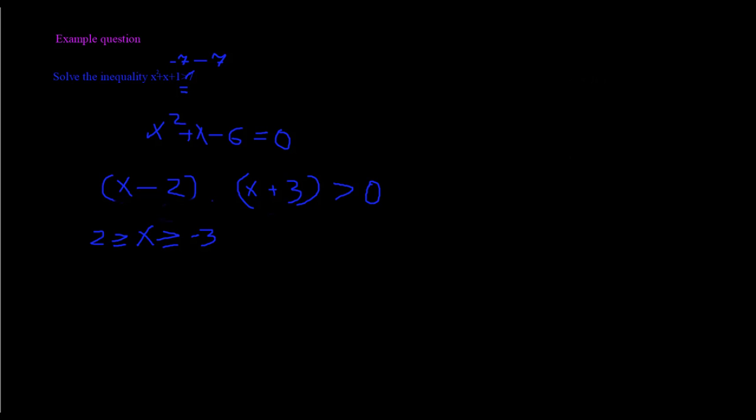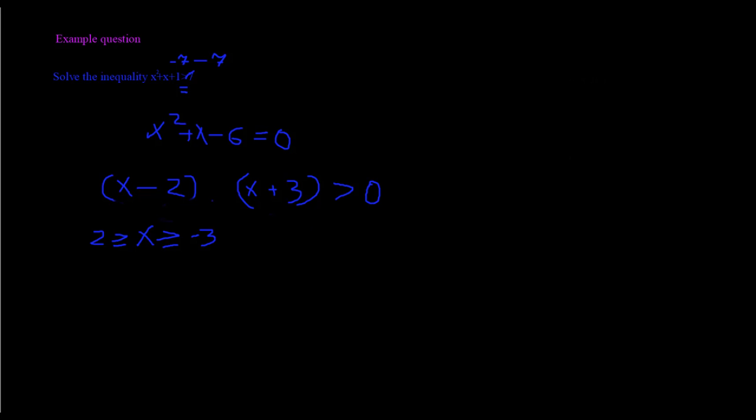Now, why it shouldn't be above -3, it's because in any condition that x is below 0 but above -3, the left side will still remain as a negative number, and there's no way the left side won't be negative if x is below 0.